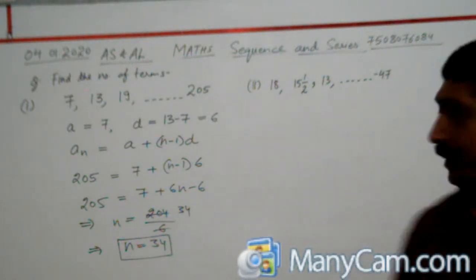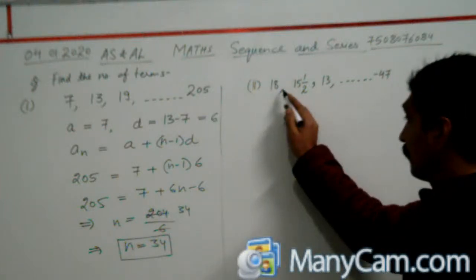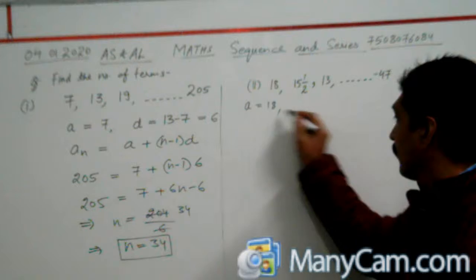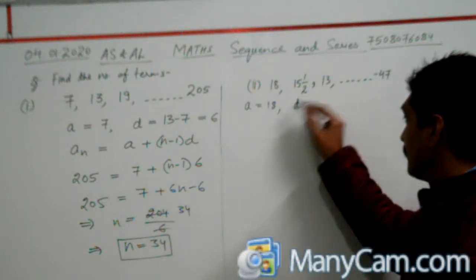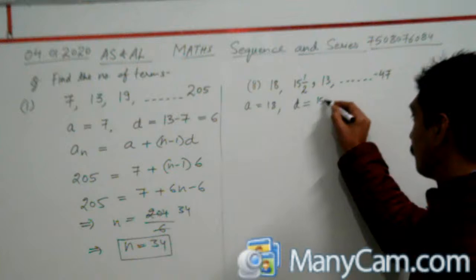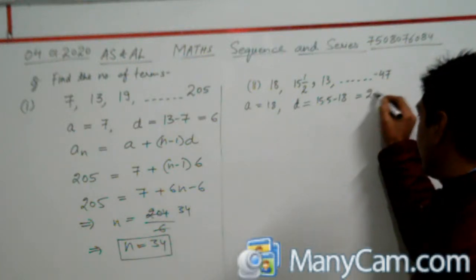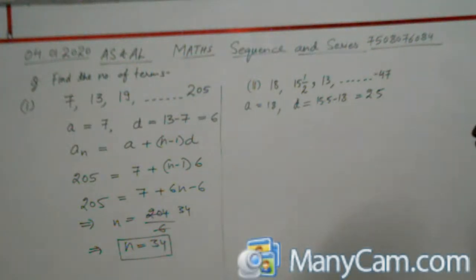The same here in this part. The first term a is 18, right? The common difference d is 15.5 minus 18, that is minus 2.5.